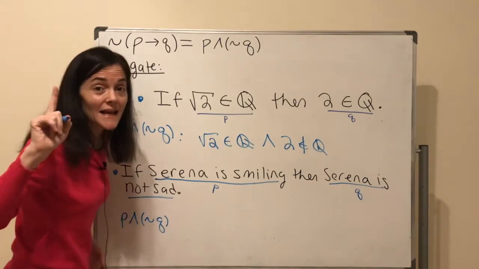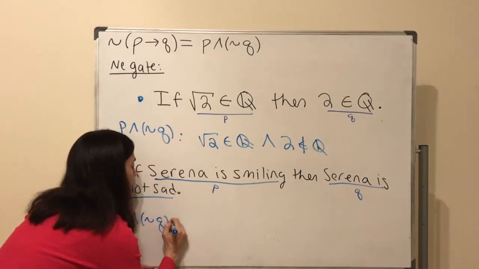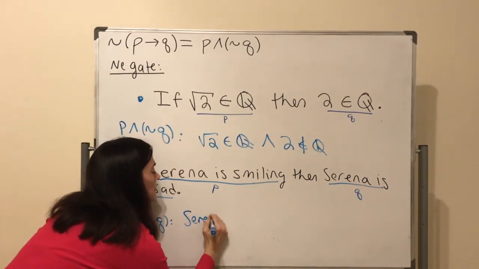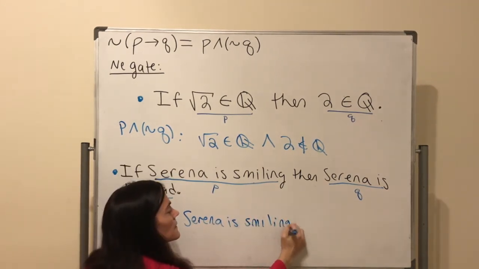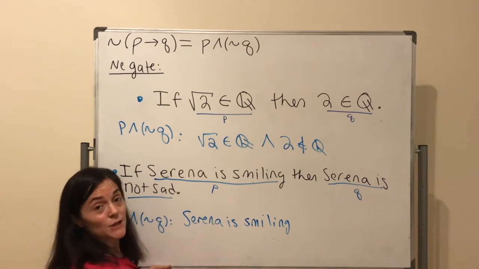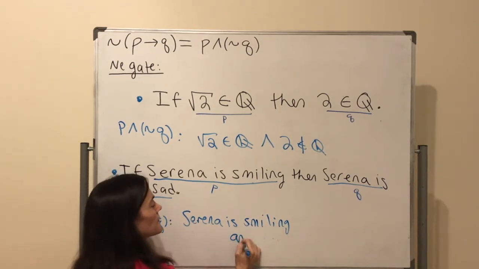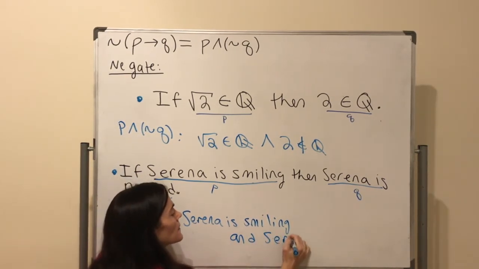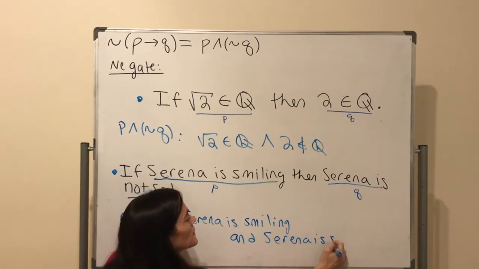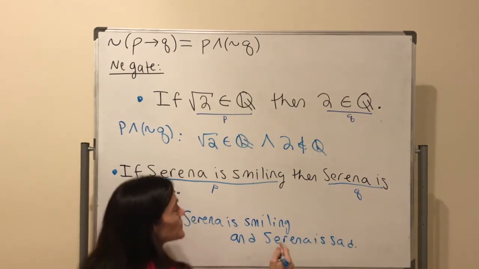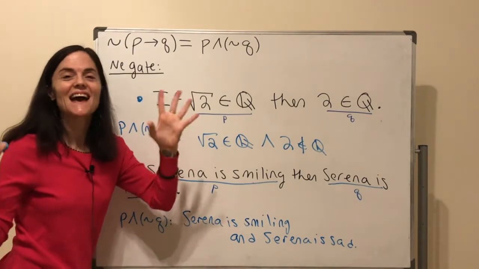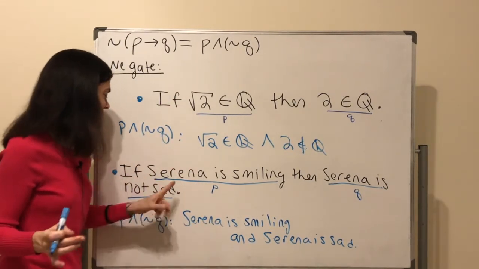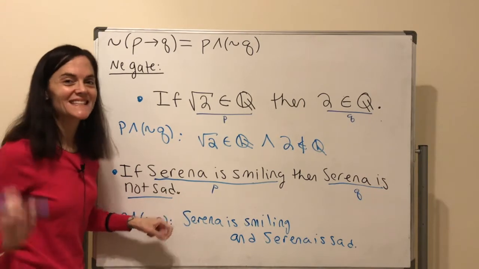It says Serena is smiling and Serena is sad. Because if you are not sad, then you are sad. So this is the negation of this implication.